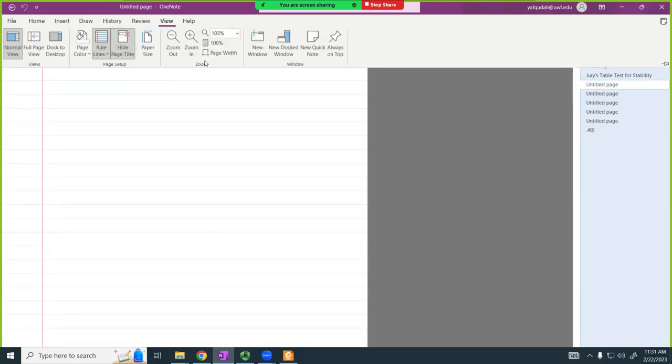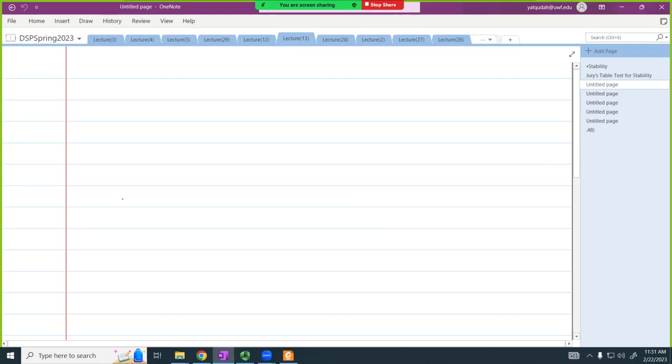Let's do an example together, so nobody is bored. Let's say we have h of z equal to z squared plus 2z plus 1, divided by 12z cubed minus 4z squared minus 3z plus 1.